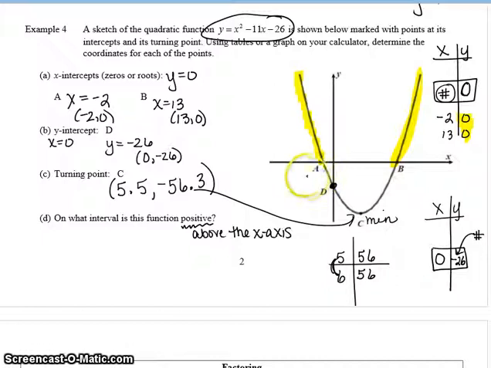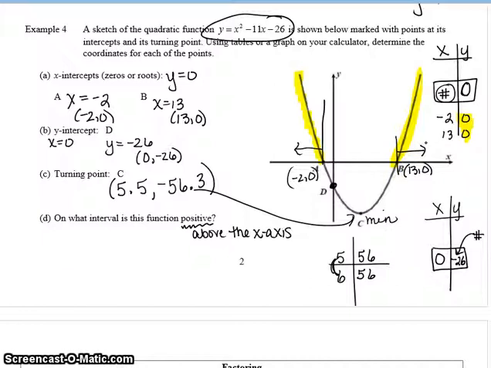Now you know these points right here. This is the point -2, 0, and then B is the point 13, 0. Okay, so this falls from -2 and lower, and this falls from 13 and higher.